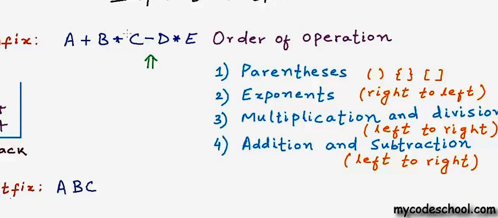For this multiplication operator, C is my right operand. It's this simple variable. For addition, B asterisk C is my right operand. Because subtraction has lower precedence, anything on or after that cannot be part of my right operand. Subtraction, I should say, has lower priority because of the associativity rule.